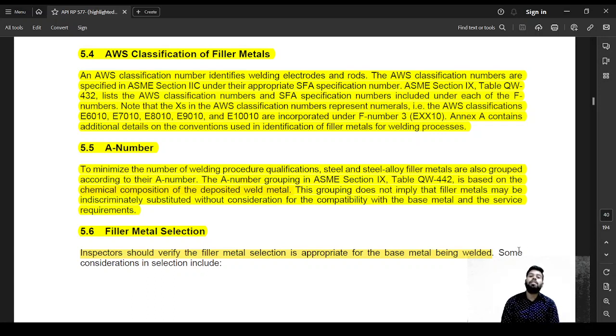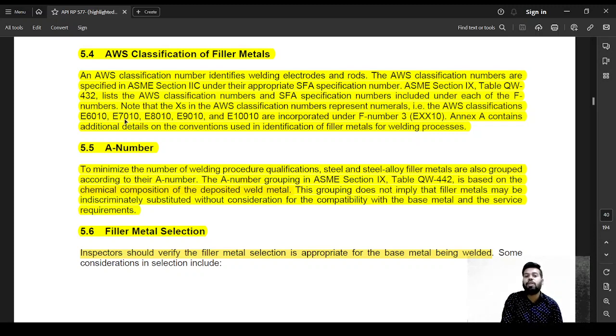Under the appropriate SFA specification number, the ASME section 9 table QW 432 lists the AWS classification number and SFA numbers included under each F number. The noted X's in the AWS classification represent, for example, E6010. E6010 means that E is electrode, 60 is strength in KSI, 1 is the position, and the last 0 is coating characteristics.